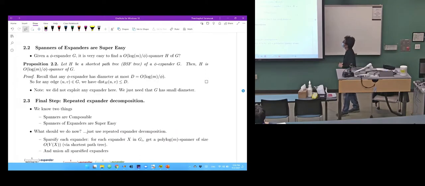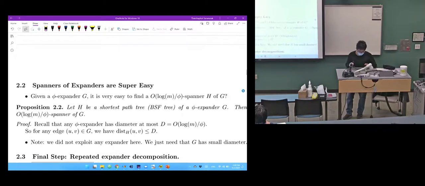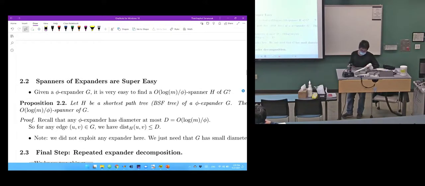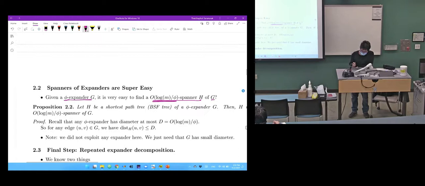Next, spanner. Let's say that we want to compute a spanner inside an expander. You are given a phi expander, G. The claim is that it's going to be very easy to get a spanner of this quality in G. And the reason is that G is an expander.